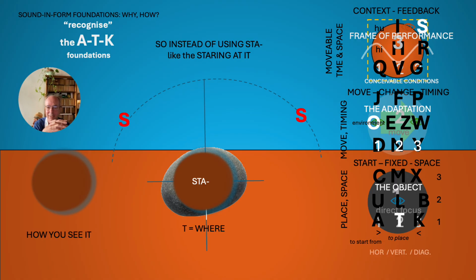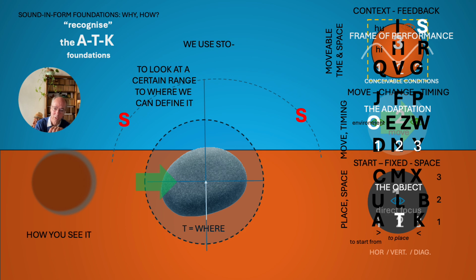If it would be sta instead of stone, then you can use that word, of course, for staring. I'm staring at the things somewhere, and then I'm still focusing at it. But that's not what it is about. This is with stop. So with the T I have a place for it somewhere, where I can see, okay, where it is.